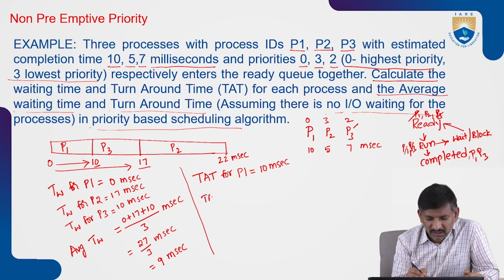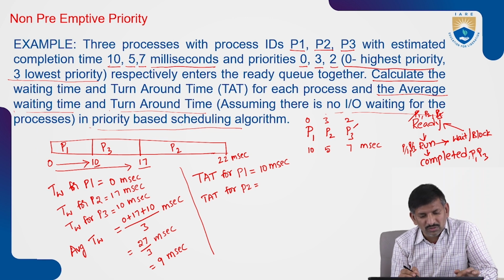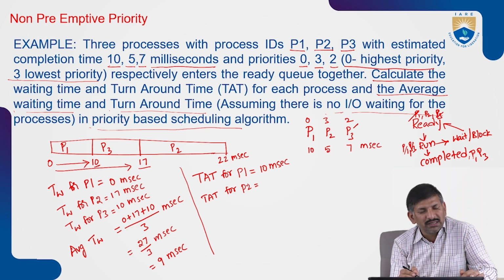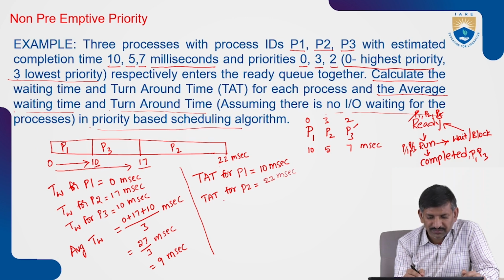Next, the turnaround time for process P2. P2 enters the ready state at time 0. Its execution is completed at 22 milliseconds. Total time is 22 milliseconds.